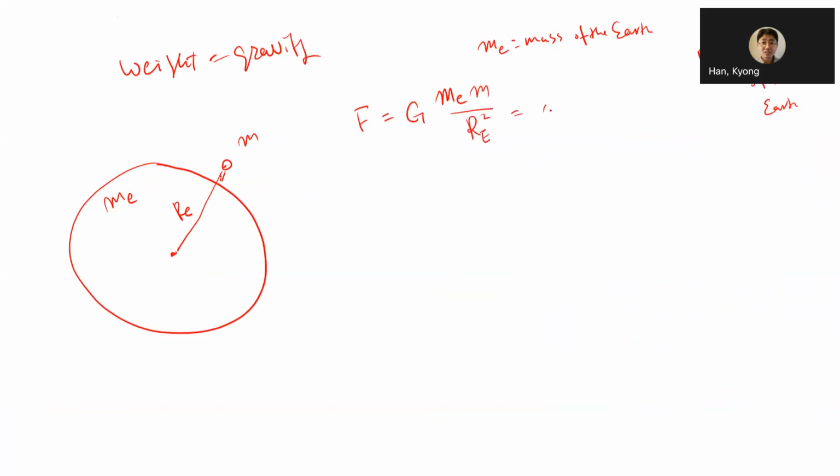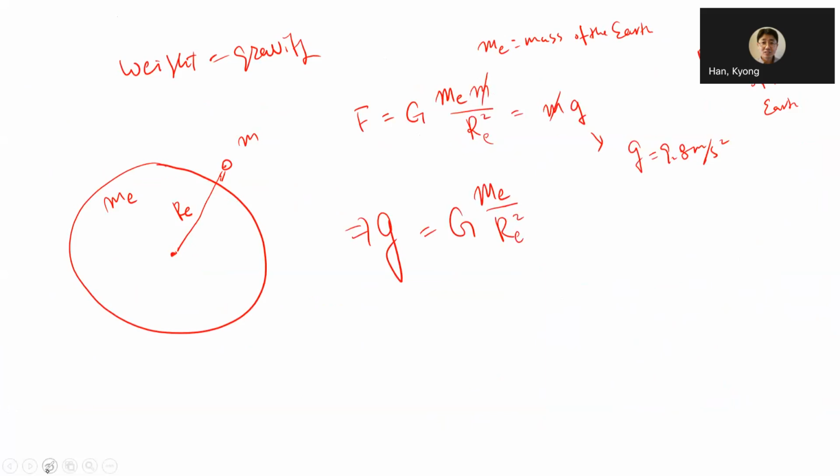This is exactly the same as mg, where g is acceleration due to gravity, 9.8 meter per second squared. My mass is cancelled out, so we can find g equals G times M E divided by R E squared. This is the acceleration due to gravity.